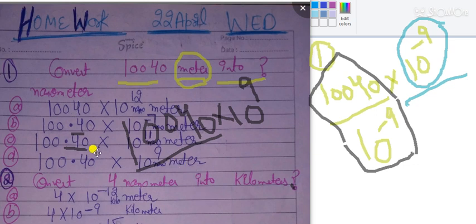Now we have to convert it into points, so I divide it by 100 and multiply it by 100. I hope you are getting my point. Now this division, 10040 by 100, will give me 100.40.